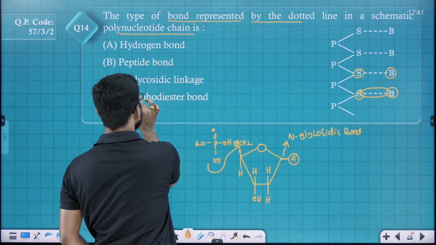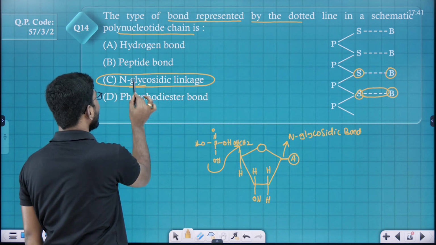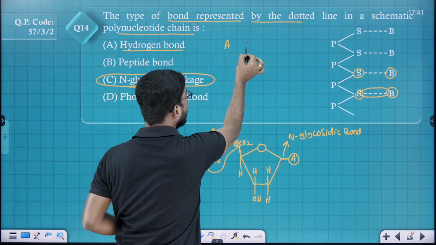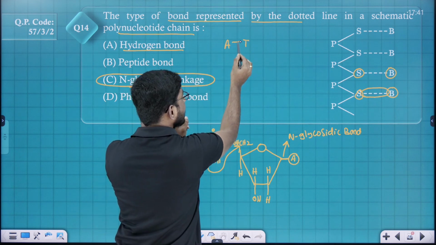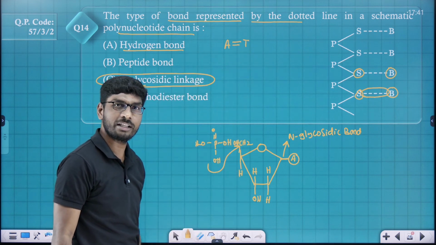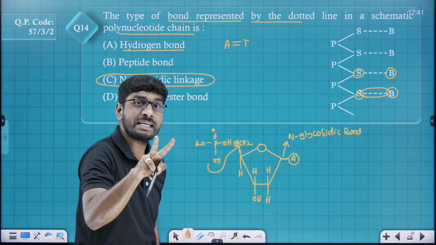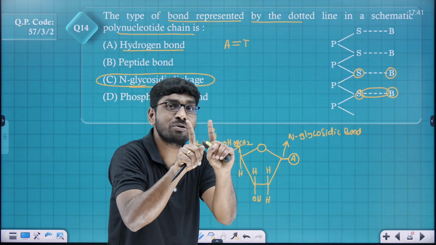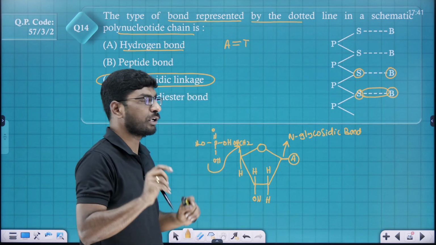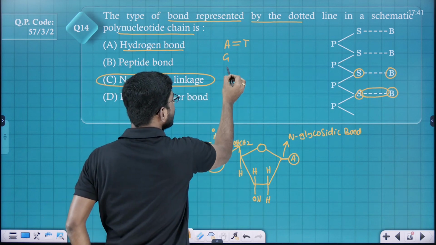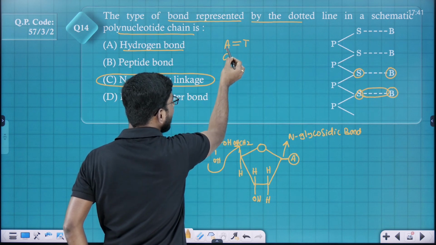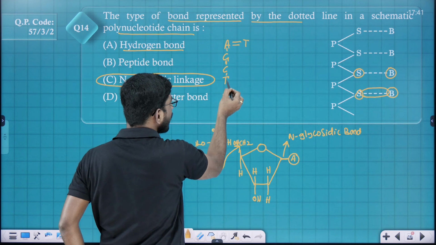This is an N-glycosidic linkage. It is not a hydrogen bond. Hydrogen bonds are between one nucleotide and another nucleotide on two different DNA strands, two complementary DNA strands. But between nucleotides, let me take here A, G, C, T, A, between two nucleotides of the same DNA strand, there is a phosphodiester bond.